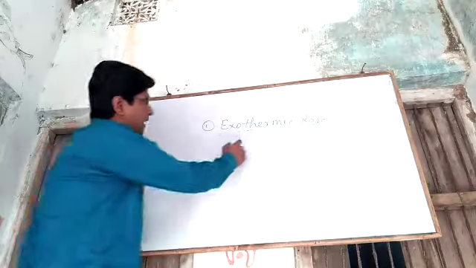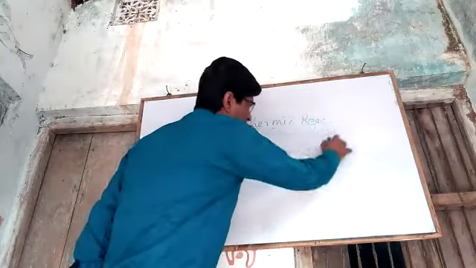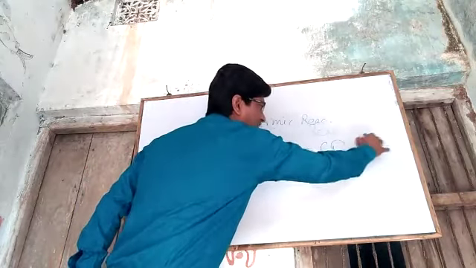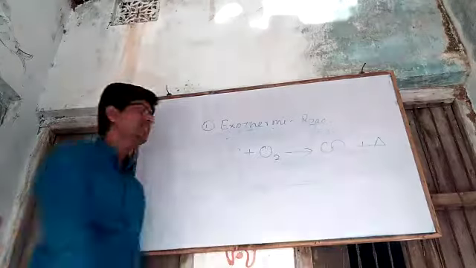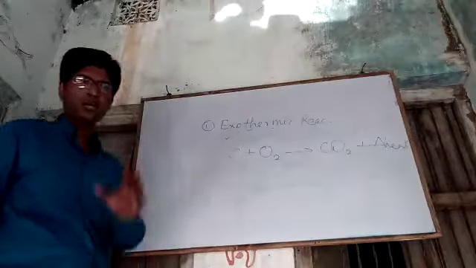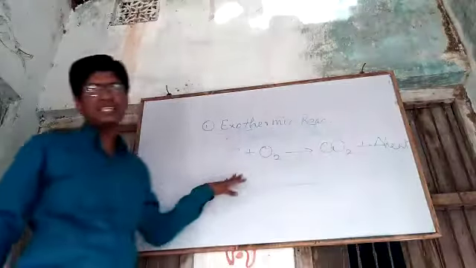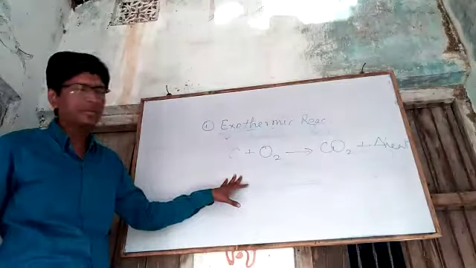A very simple example: when coal is burned in the presence of oxygen, it produces carbon dioxide and some amount of heat is released. So we can call it an exothermic reaction because during this reaction heat energy is released.